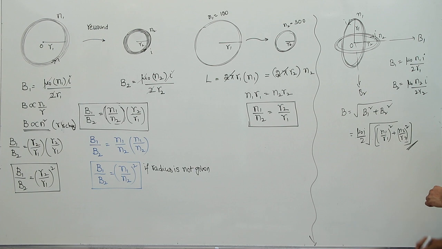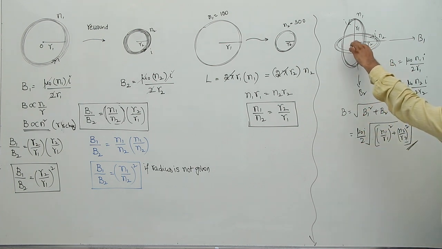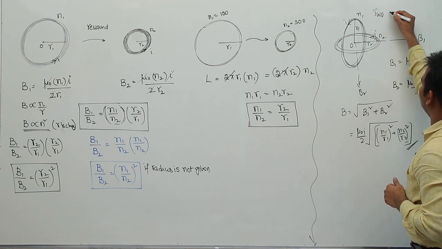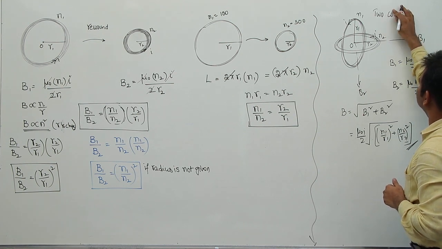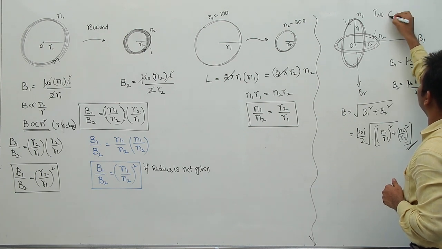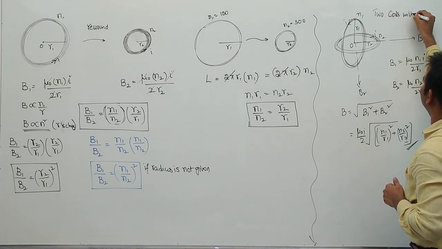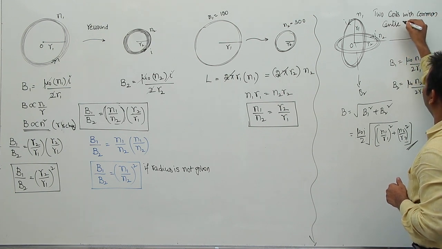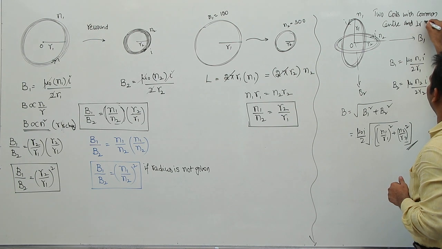So by using this you can find out the net magnetic field at the center if two concentric coils are two coils with the common center and perpendicular to each other.